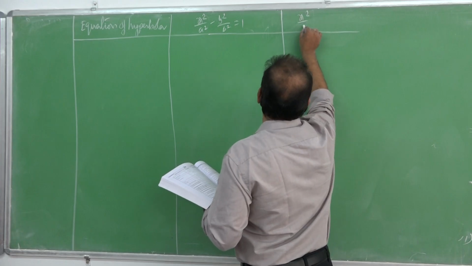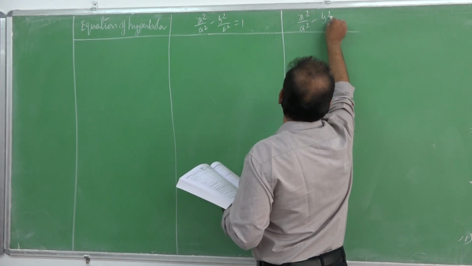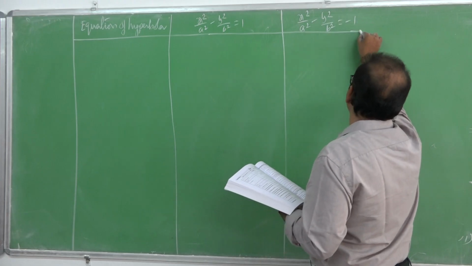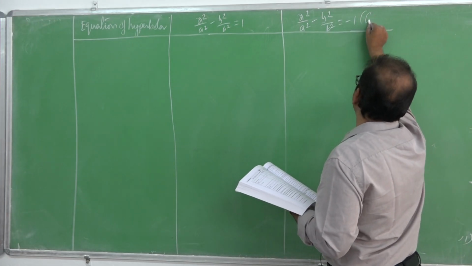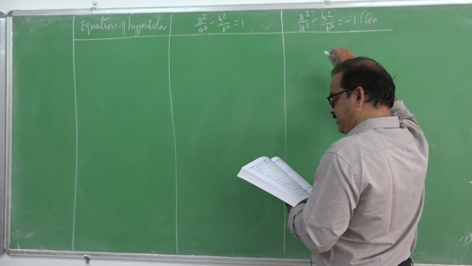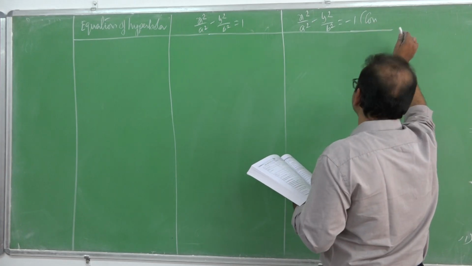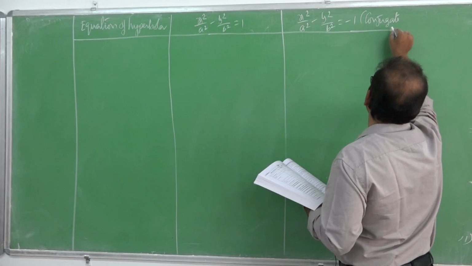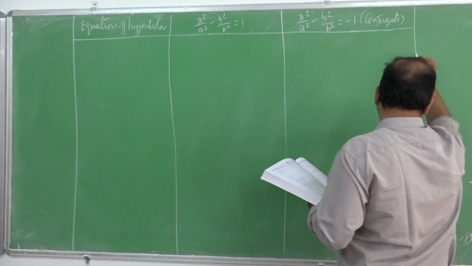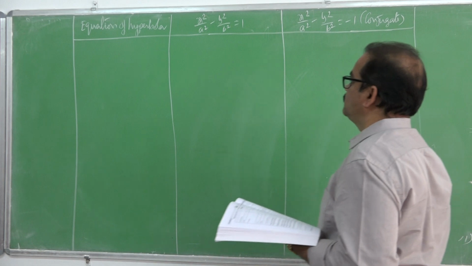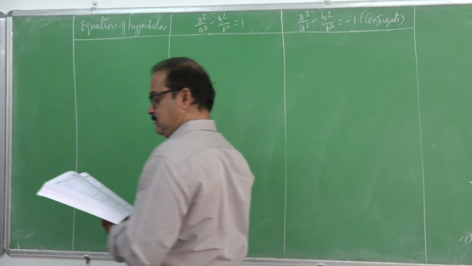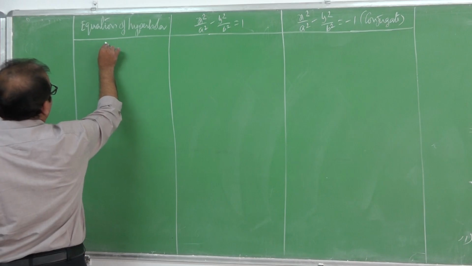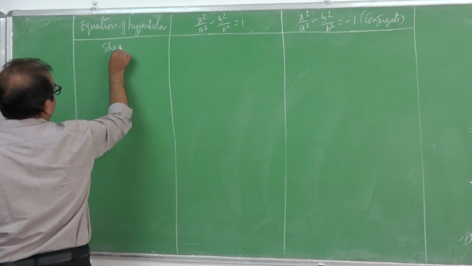Second type, x square by a square minus y square by b square is equal to minus 1. This is called conjugate hyperbola. There are two types of hyperbolas. Shape.